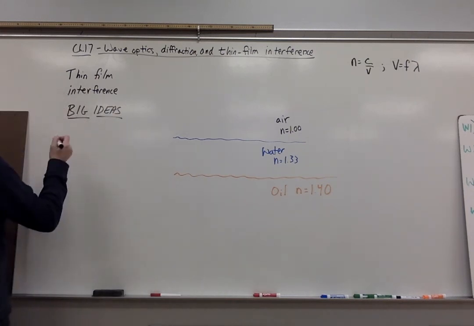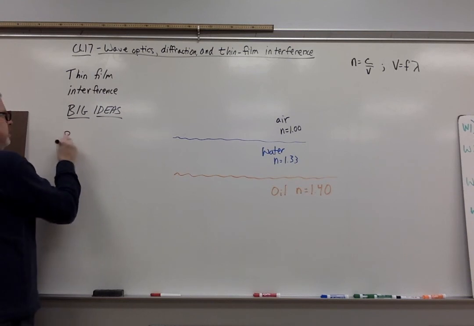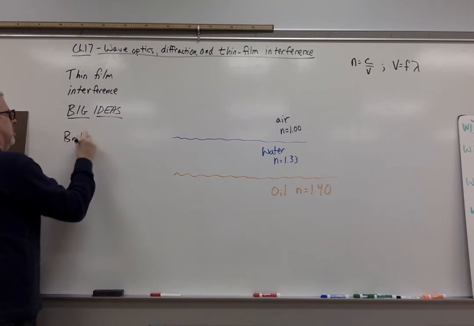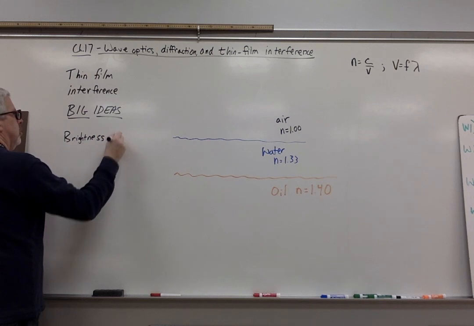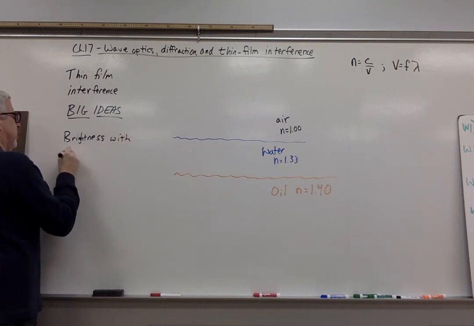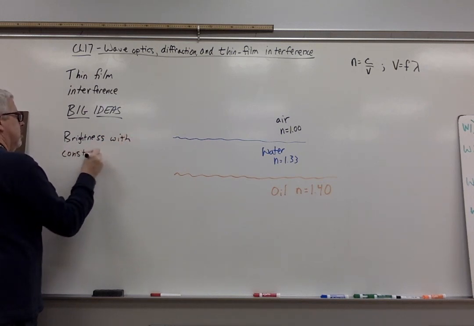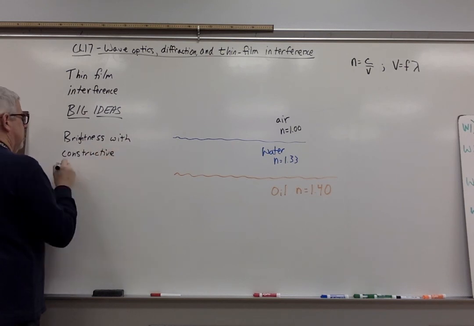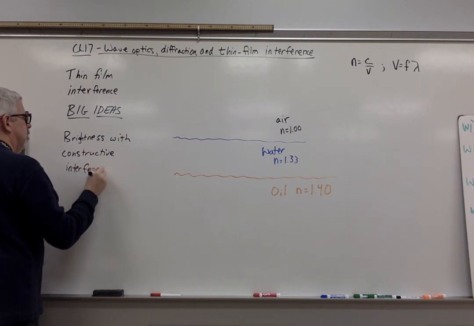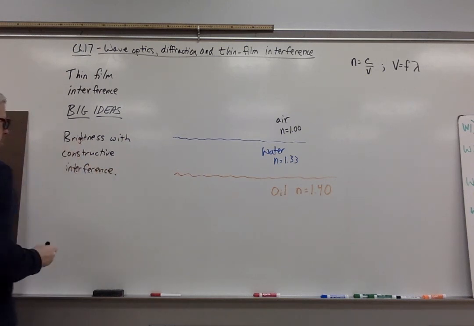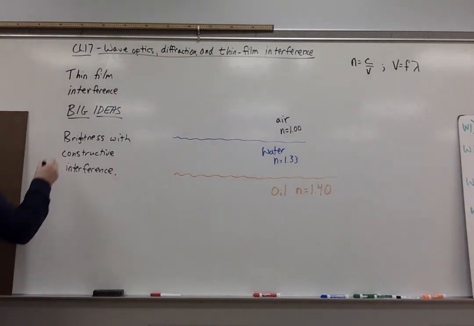We see a bright color or brightness with constructive interference. Just like we've talked about before, darkness is destructive interference. Most of these questions I've seen have been asking about bright spots or constructive interference.